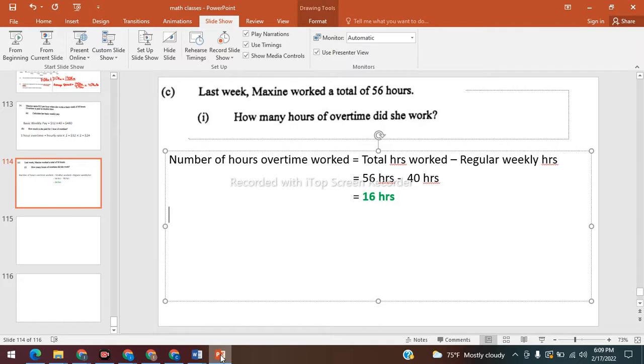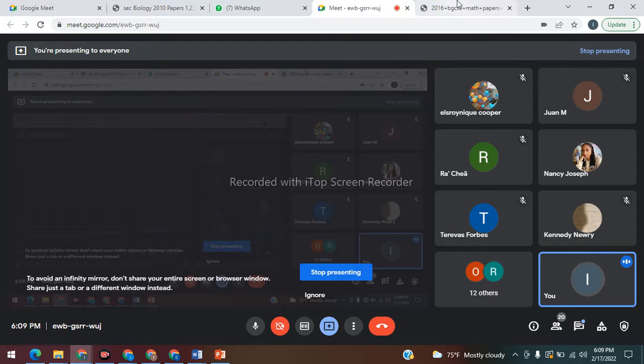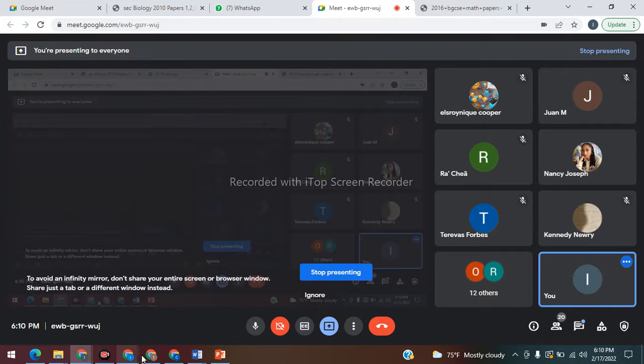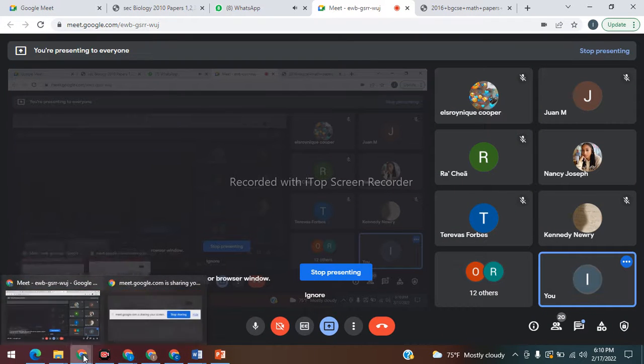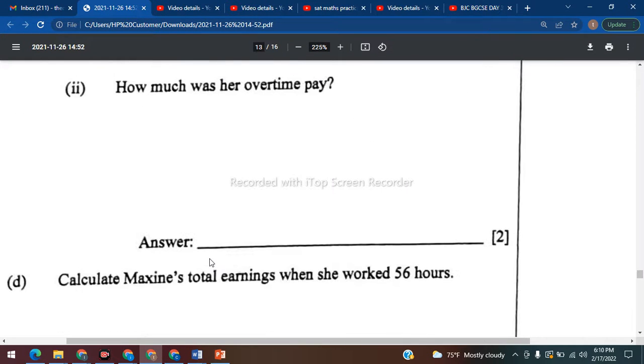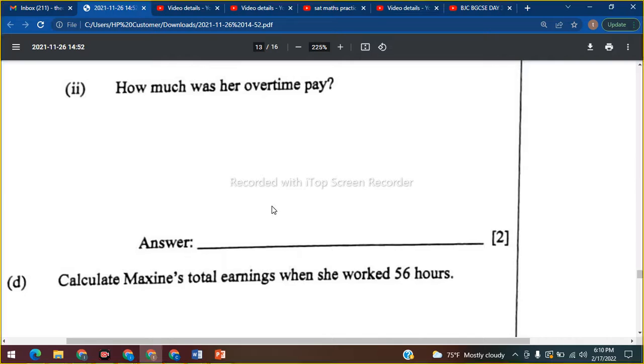All right. So now we know that the number of overtime hours that she worked is 16 hours. Next up, we have another question. How much was her overtime pay?